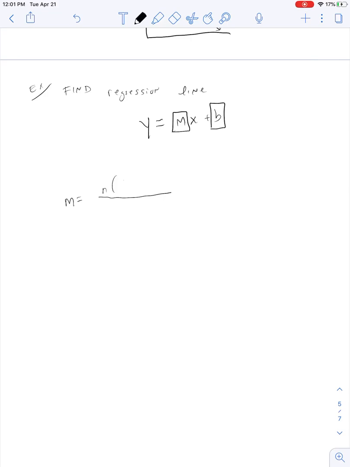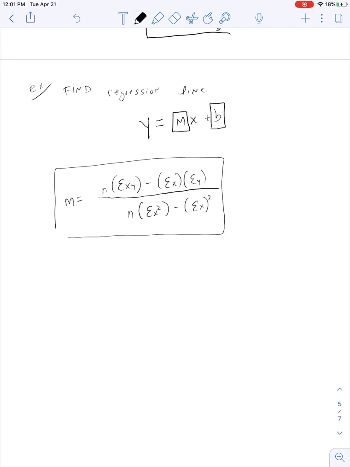Our M is N times the summation of X, Y, minus the summation of X times the summation of Y, over N times the summation of X squared minus the summation of X to the power of 2. And our B is the summation of Y minus M times the summation of X, over N.